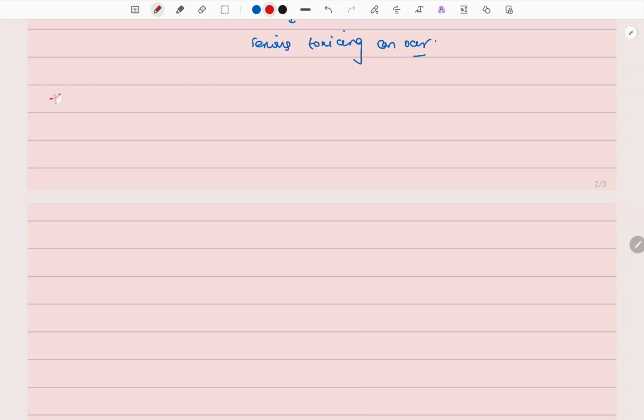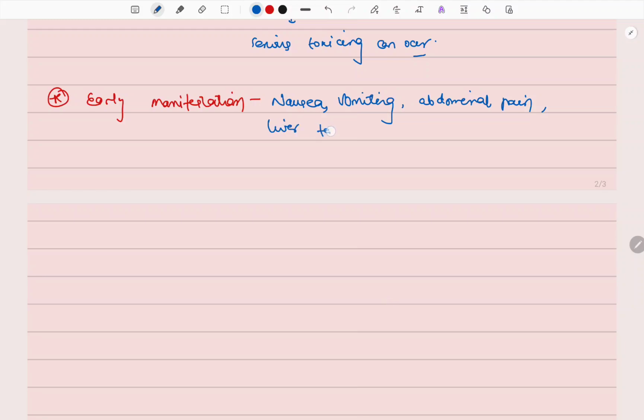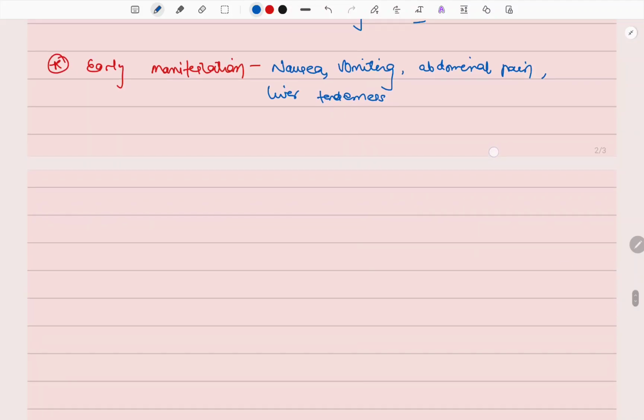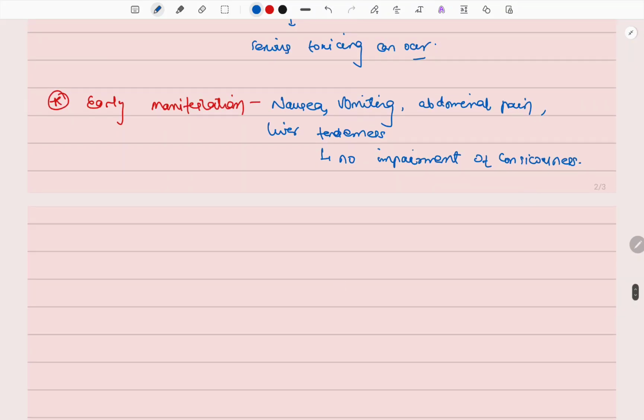First, the early manifestations: nausea, vomiting, abdominal pain, liver tenderness, and here no impairment of consciousness. Okay, this was the earliest manifestation.